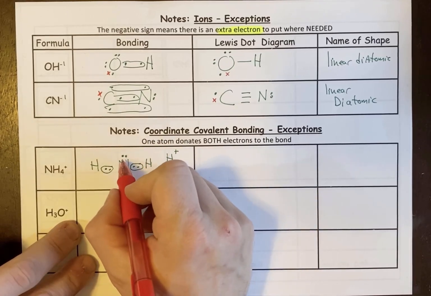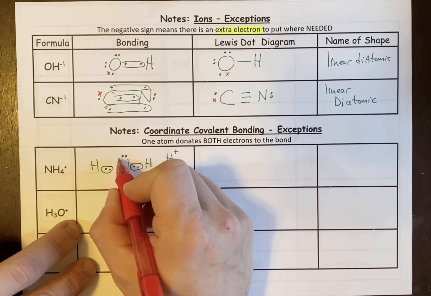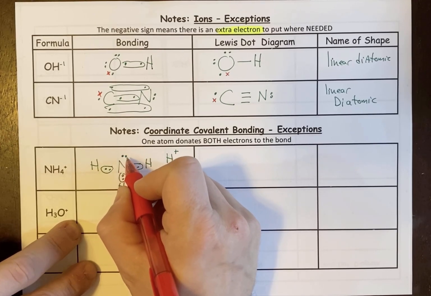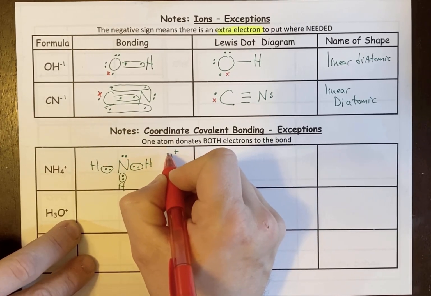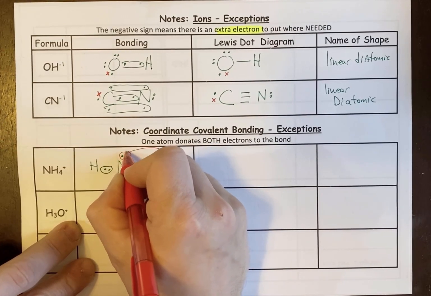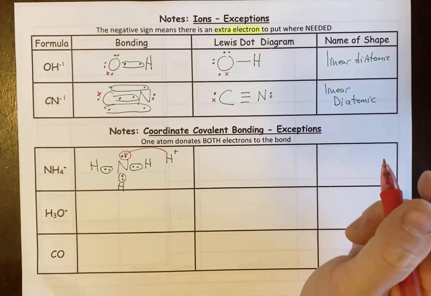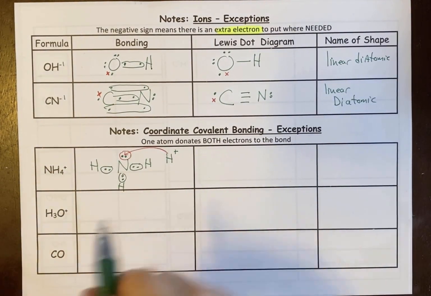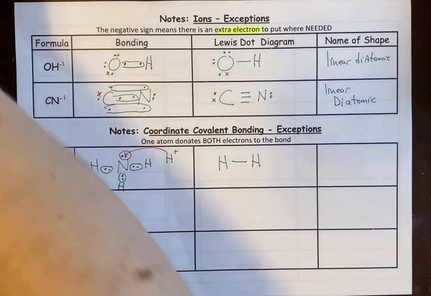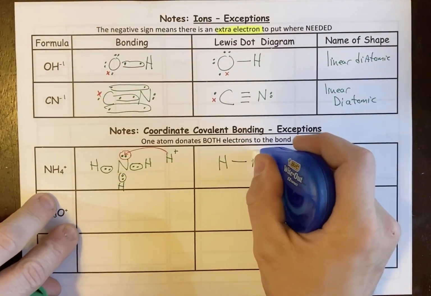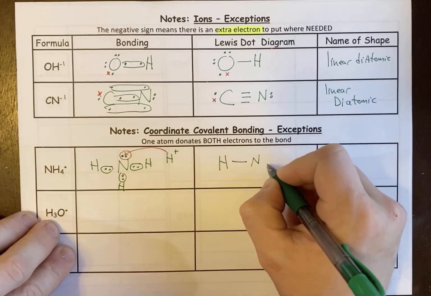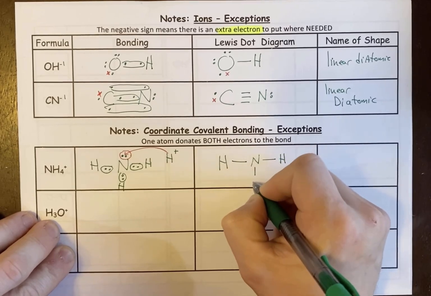So here's what it does. It says, wow, there's a lone pair here that nobody's using. Now, granted, nitrogen's using it, but not to make bonds. So it's just this lone pair just hanging out. Well, what does the hydrogen do? It basically jumps onto the back of the nitrogen and forces a bond to form. We can't show it the same way as a regular covalent bond, because then we wouldn't know that there's something different about it.